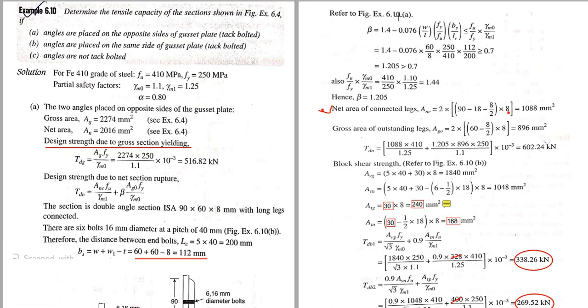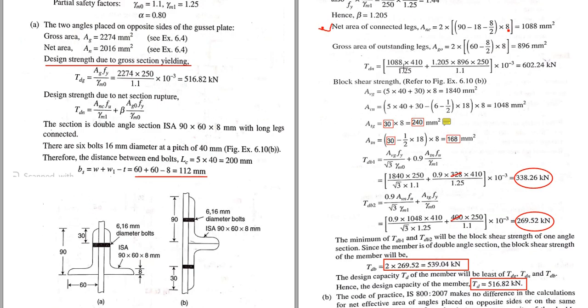They have got 1.205, which is less than 1.44, and it is also greater than 0.7. So this beta is okay. Otherwise, if it becomes 1.5, then you should take 1.44 as the maximum value. This is the minimum value. So we can take this beta.